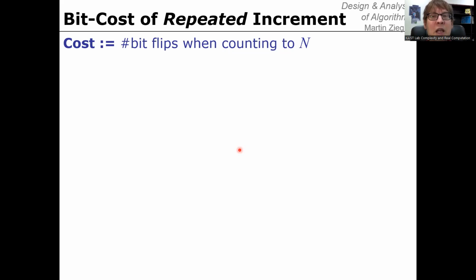Now, in amortized case, we take a different perspective. Namely, we start the counter with 0, but we increment it repeatedly several times. So that's a subtle but important difference. In average case analysis, we start with a typical value and then invoke the operation once, in this case, the increment operation.